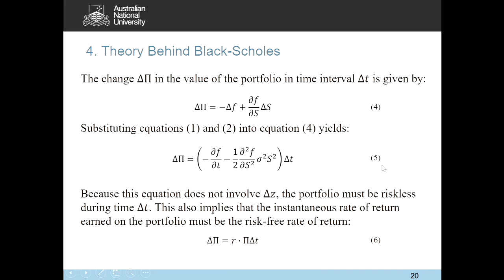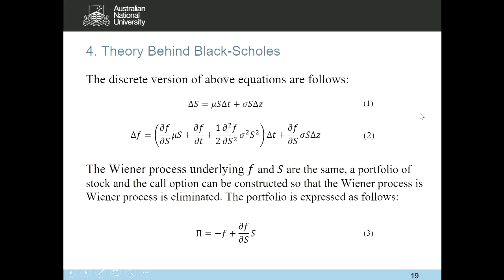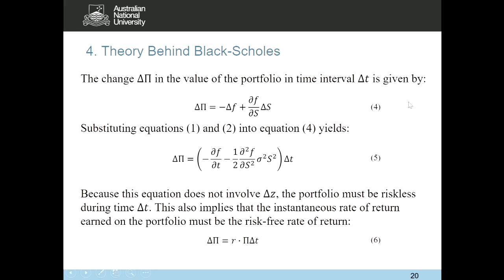Okay, so let me reiterate. The way we get equation number 5 is we substitute the change of the share price, equation number 1, and the change in the call option price, equation number 2, into our equation number 4, which is the change in the pi. All right, so that's the change in the pi. And as I mentioned before, because this portfolio does not involve the noise component, delta Z, this portfolio value is deterministic.